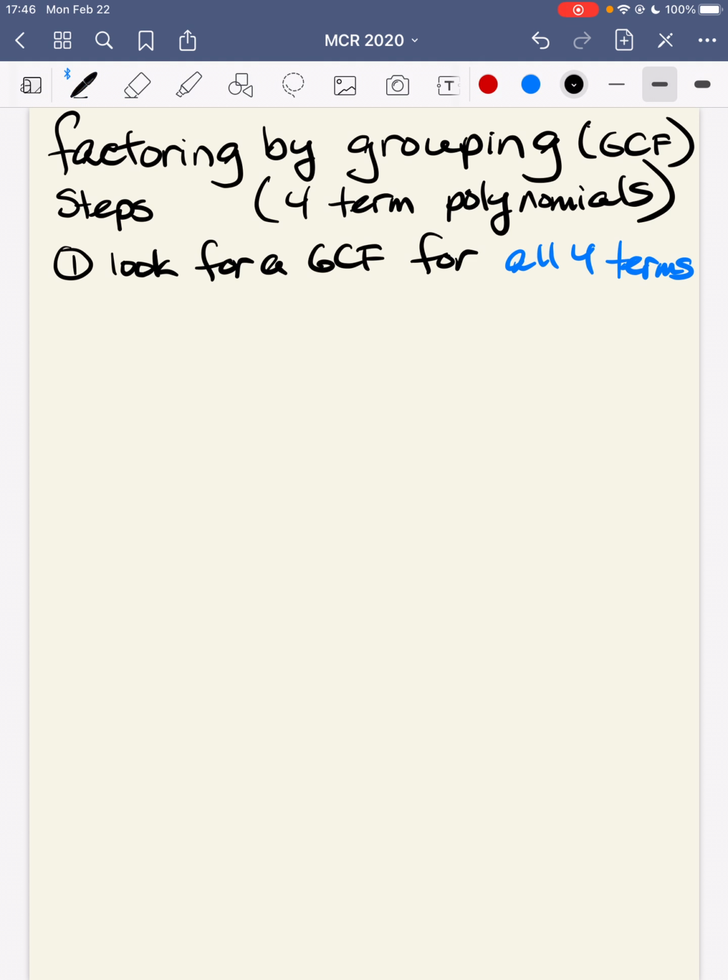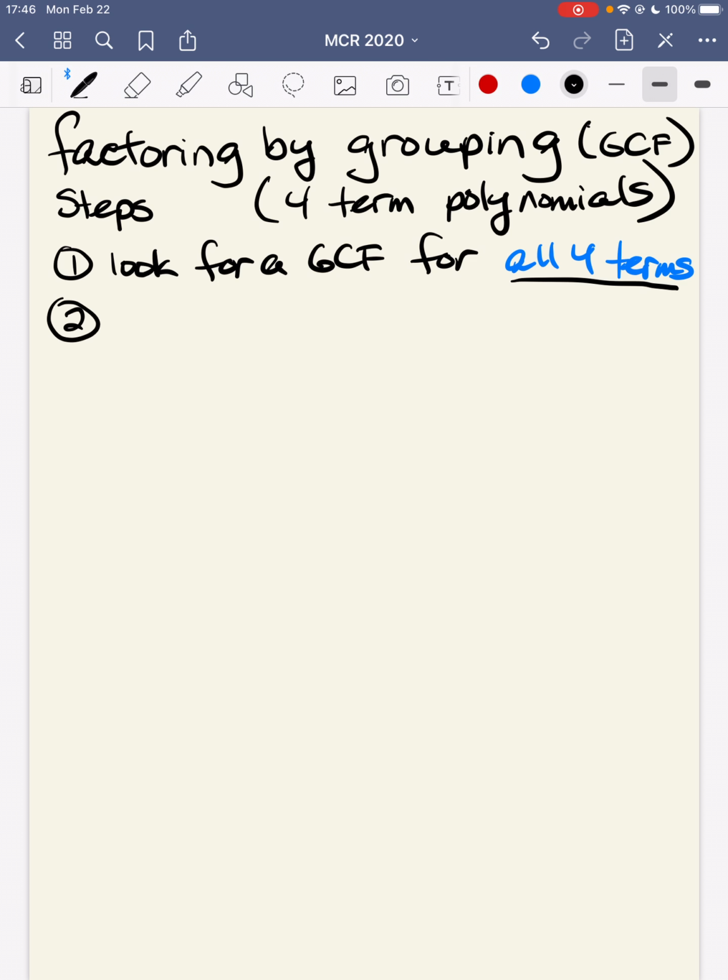And it has to be for all 4 terms. We want to see if there's a GCF that is in common for all the 4 terms involved. If it's a yes, we need to take it out. If it is a no, we're going to continue on to step 2.